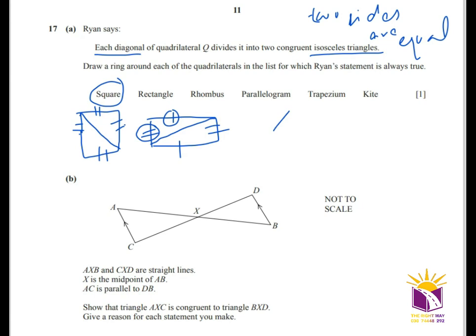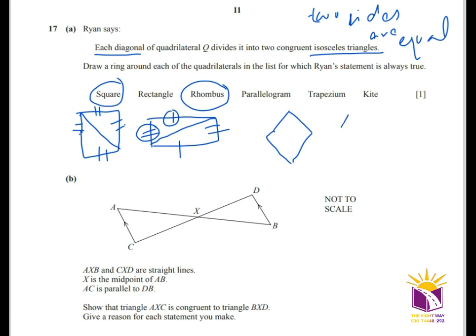Rhombus is a tilted shape of a square. All four sides are equal, so rhombus is a quadrilateral whose each diagonal will make isosceles triangles.